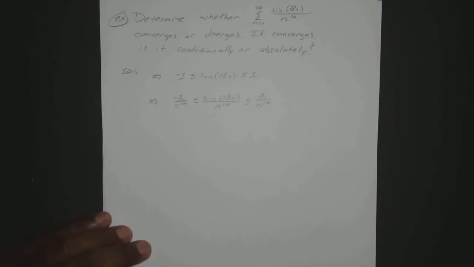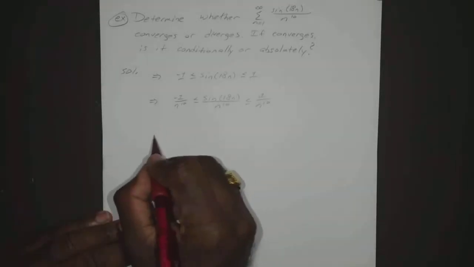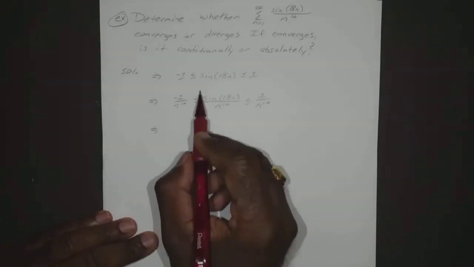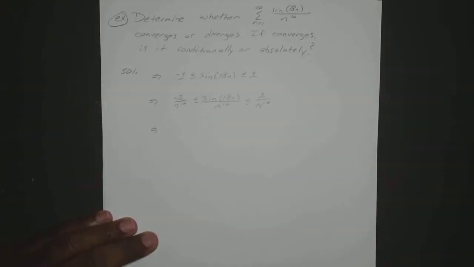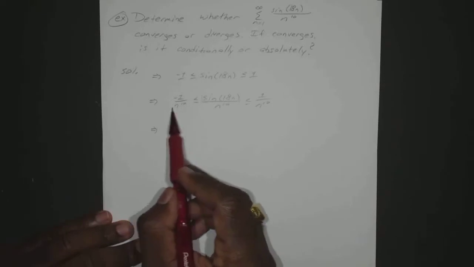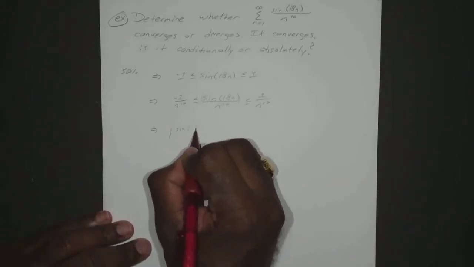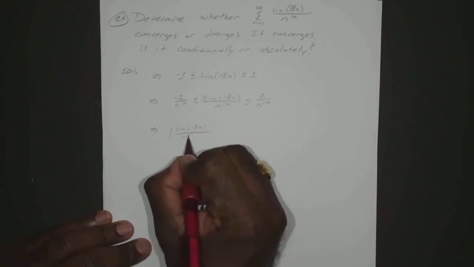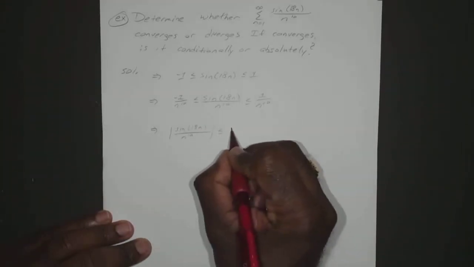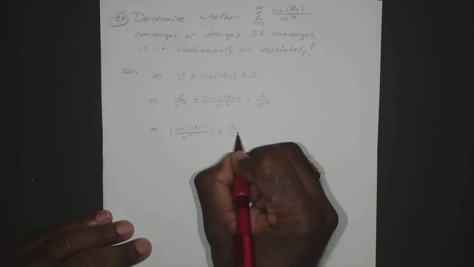If we take the absolute value, then we won't have any of these negative values, so the absolute value of sine of 18n over n to the 10th power is less than or equal to 1 over n to the 10th power.